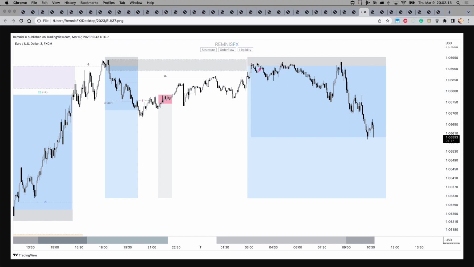But after this high was taken out, you could have waited until a candle takes out this low that happened here. And then you could have based your entry here with either stop here or again here. And that would have been also a more secure or conservative way of making an entry with a bit more confirmation instead of entering very risky here. But again, you could have done so.